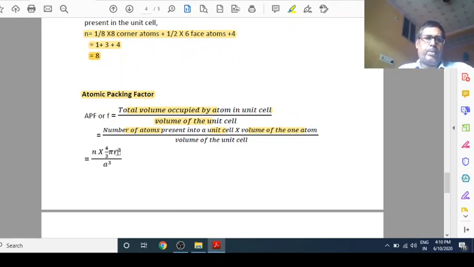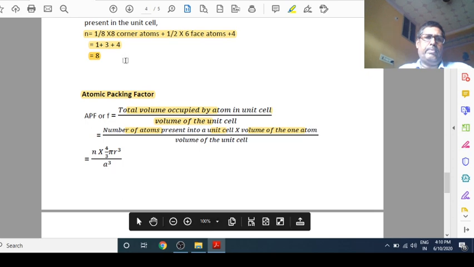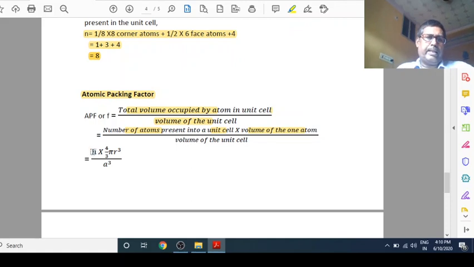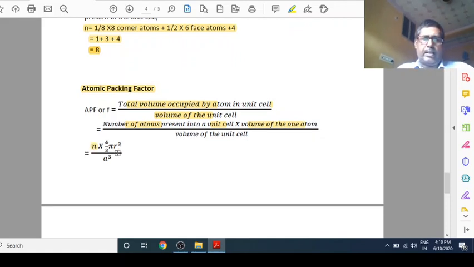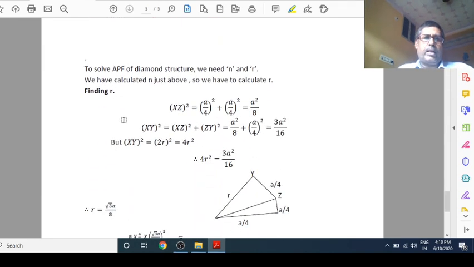So n into 4 by 3 pi r cube by a cube. Here n we have already calculated, n is equal to 8. Now we are going to calculate r. Here I have written we need n and r. n we have already obtained, so we are going to calculate r.